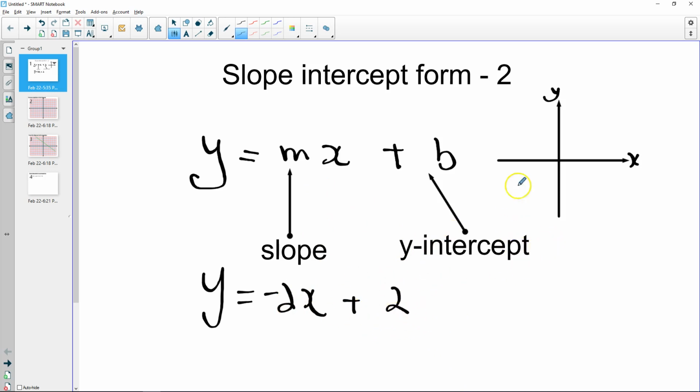So where can we find this 2? Let's say this is 2. Your straight line is going to pass through this point every single time according to your slope-intercept form. So let's just make sure we follow what's going on. I'm going to write another one.